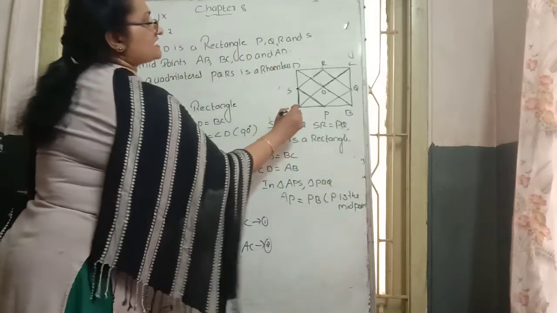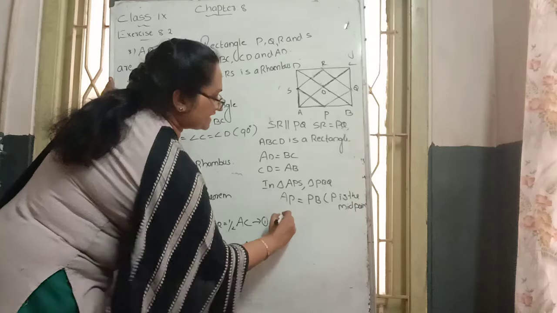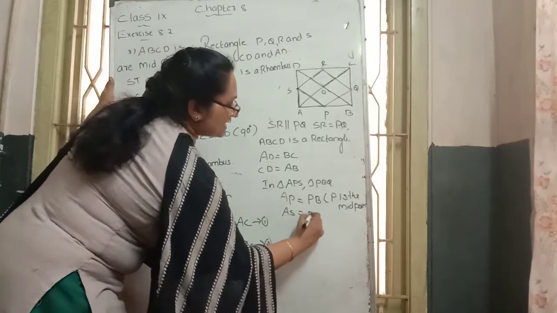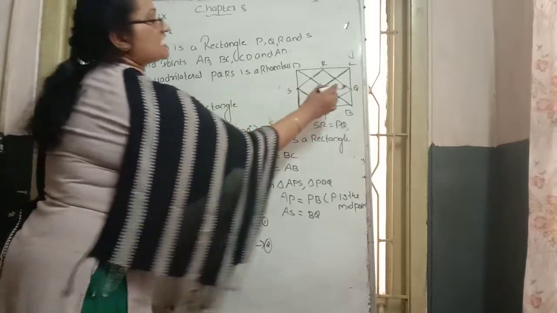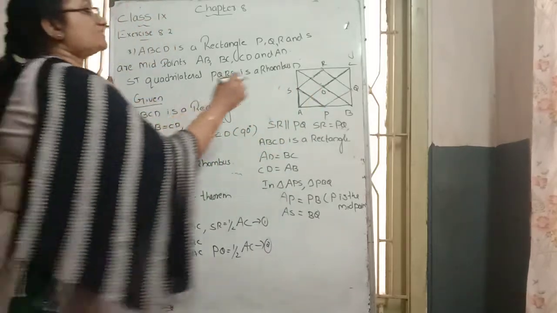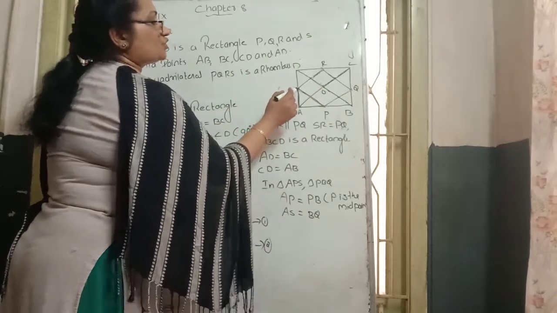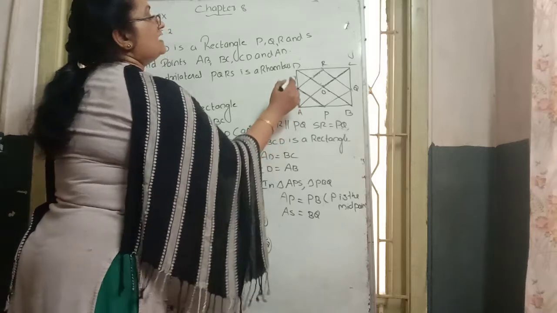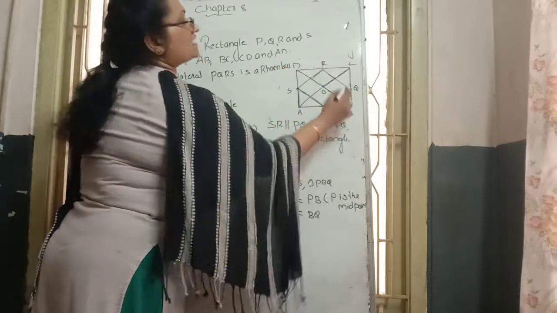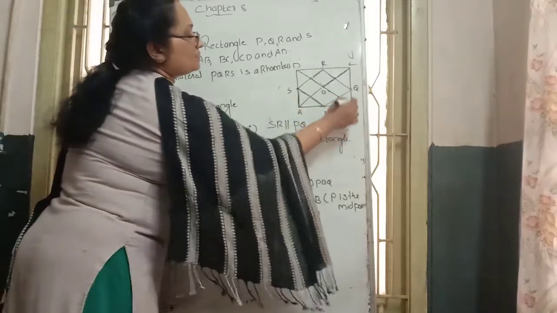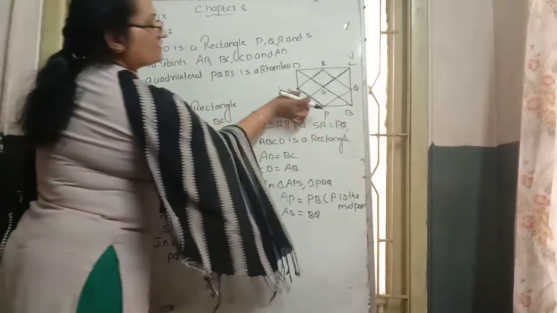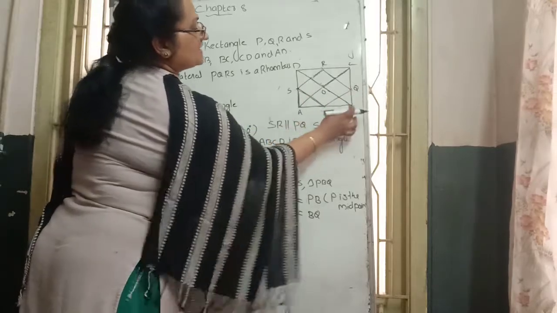Next, AS and BQ are equal, because S and Q are midpoints. The midpoint divides the side into two equal parts, SA and SD, and in the same way BQ and QC. So we consider the half parts, SA and BQ.